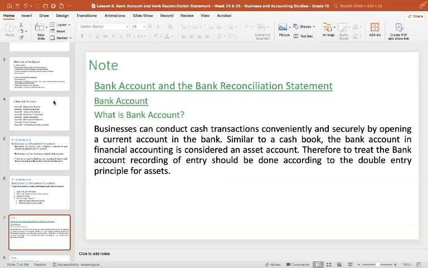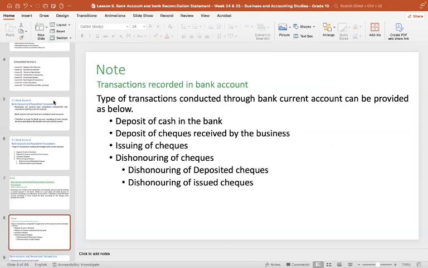Therefore, to treat the bank account, recording of entries should be done according to the double entry principles of asset. So you can take a few minutes and complete the note. I will move on to the next slide.